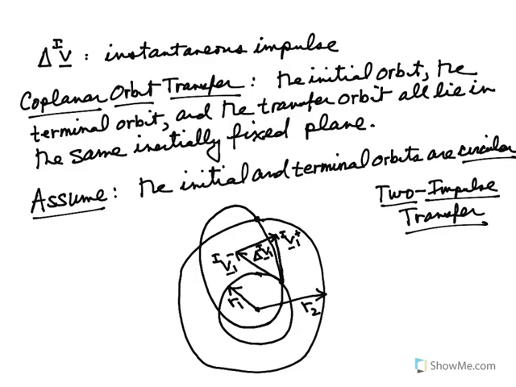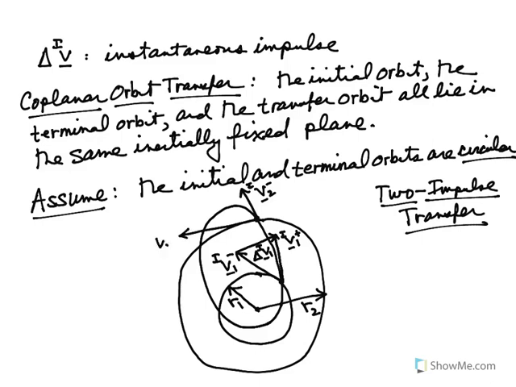That's the first impulse. Now, the second impulse is if the velocity of the spacecraft prior to the second impulse is v2 minus I, and the velocity has to be on this final orbit when I'm all done.